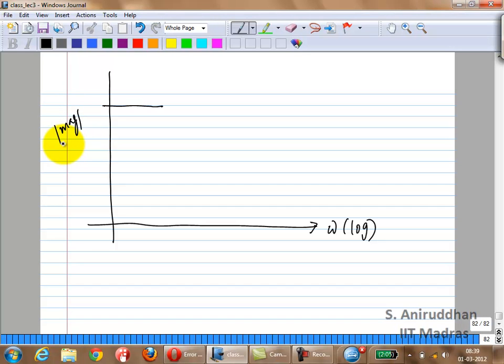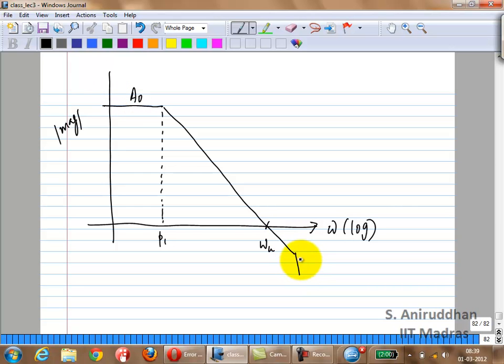So let us say I am going to draw the Bode plot of this. Let's start off with just the magnitude. It's going to look like this. I get P1 here, omega u, and this is A0.